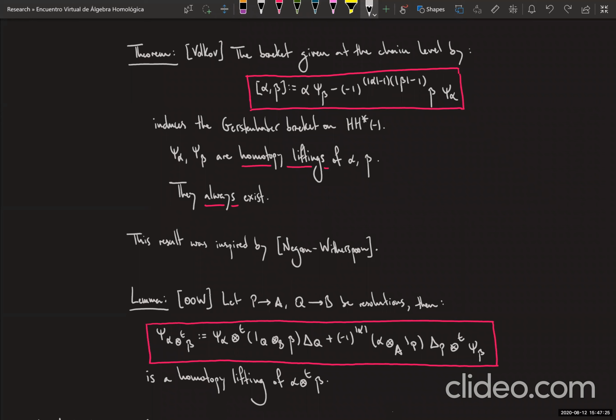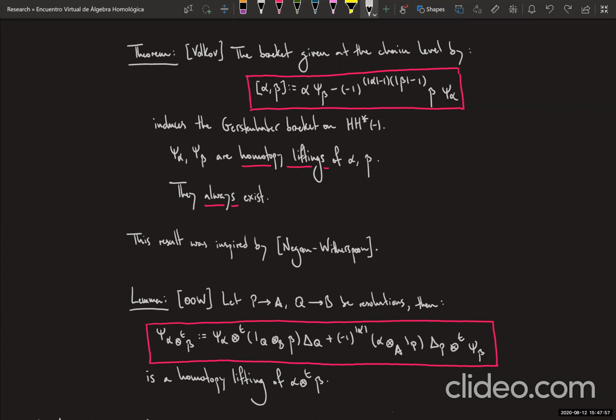So what are these homotopy lifts? This psi of alpha and psi of beta are the homotopy liftings of alpha and beta, and they are essentially nice chain maps between shifted resolutions of the original algebras. The definition of homotopy liftings involves a specific resolution, a specific diagonal map, and a specific cocycle.